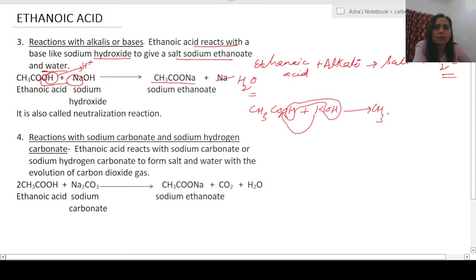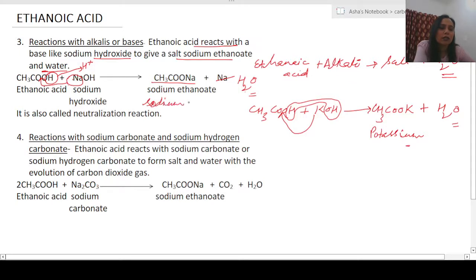So here it will be CH3COOK plus H2O. In this manner it will become the potassium salt of it. And here it is the sodium salt, or you can simply write its name, sodium ethanoate.